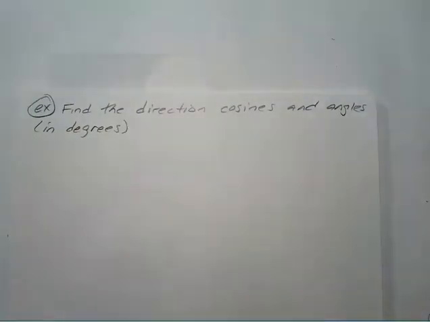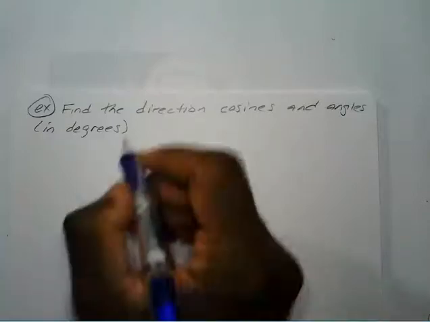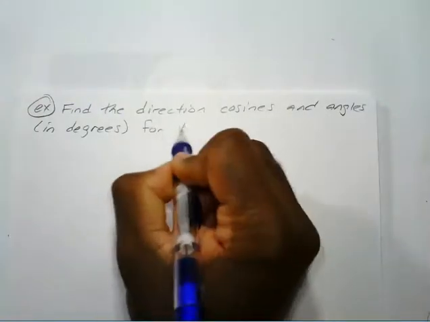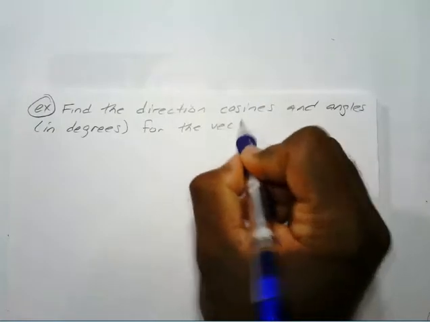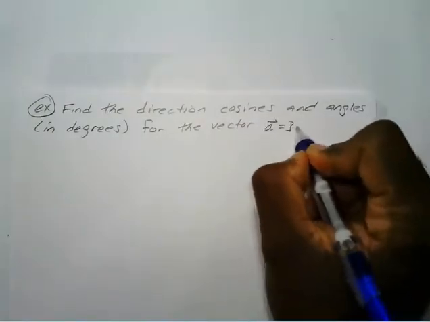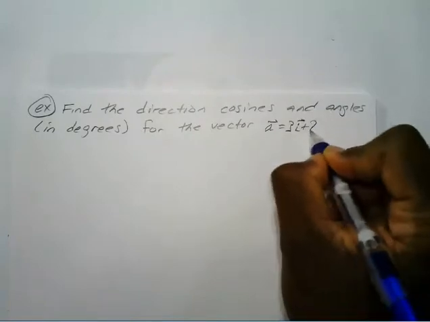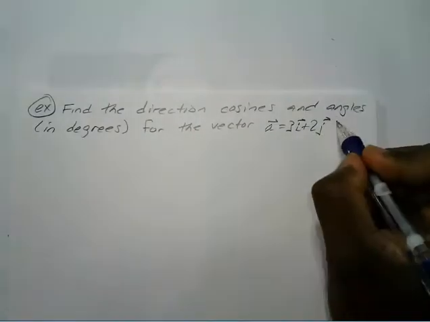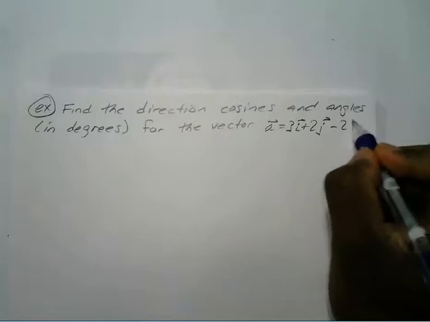Remember, sometimes they'll ask for it in radians, sometimes they'll ask for it in degrees. You have to be aware of your calculator settings because they can bounce back and forth depending on the problem. For the vector, a vector equals 3 times the I vector plus 2 times the J vector minus 2 times the K vector.